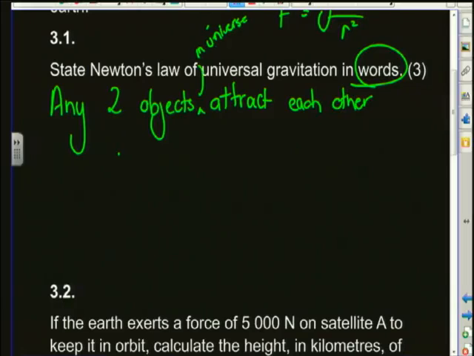Guys, it's universal gravitation. As far as we know, no matter where you go in this universe, this law will stand true. It has been proven over and over again. Obviously, we can't prove it anywhere in the universe because we can't get there yet. But hey, we'll get there one day. We're almost at Mars, so why not?